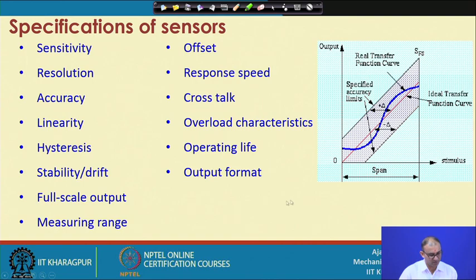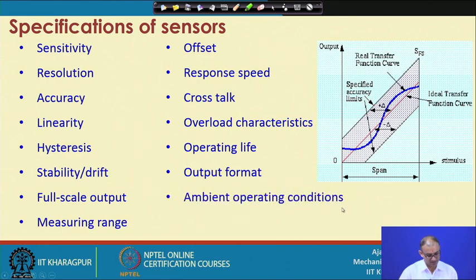Suppose you are measuring a force with respect to time, then we need force with respect to time only, we do not require voltage with respect to time. So, what output is coming will decide whether it is exactly what we required, or we have to further refine or convert that output into the other required output. So, that will also be one of the specifications of the sensor.